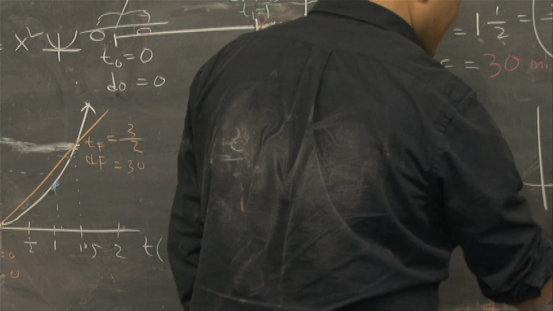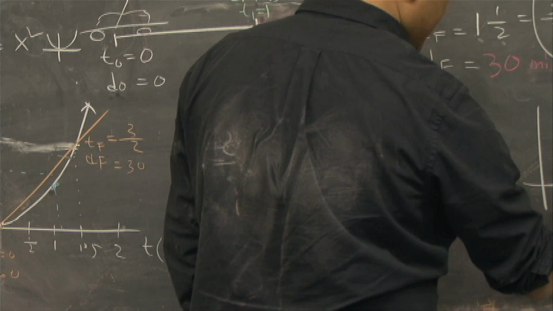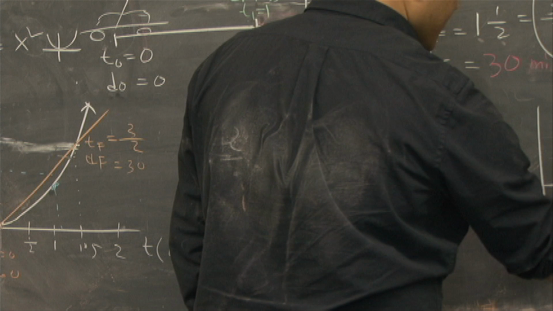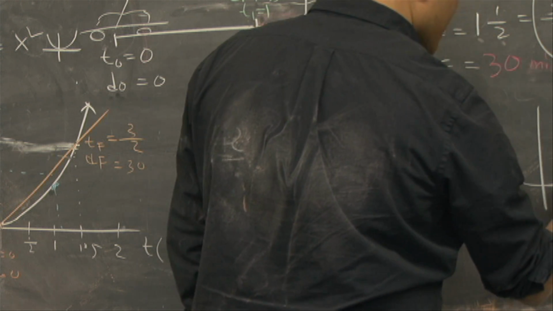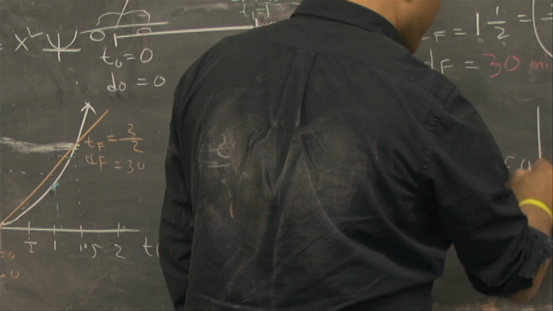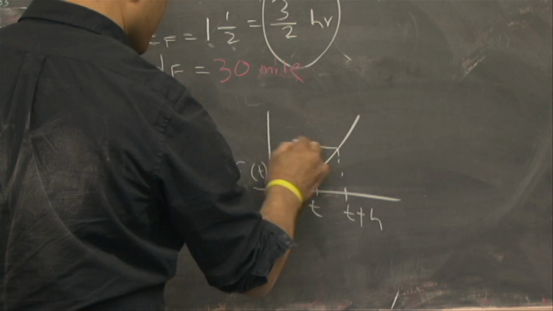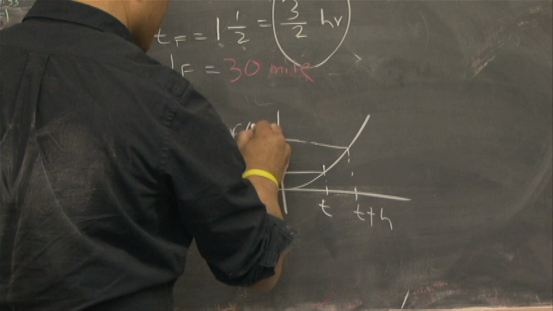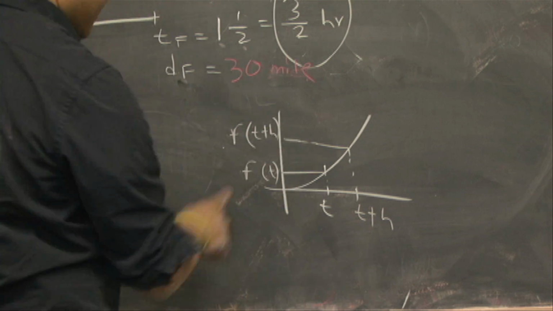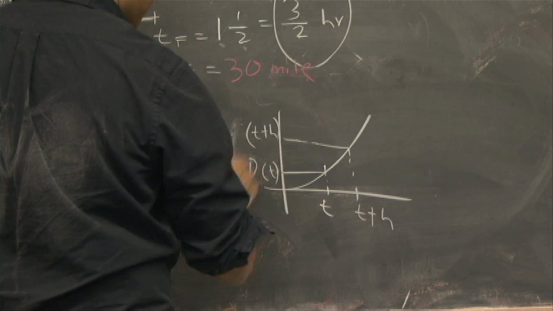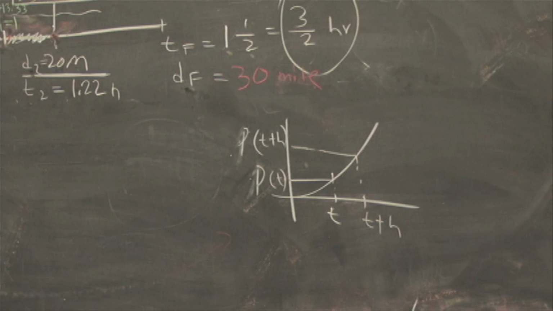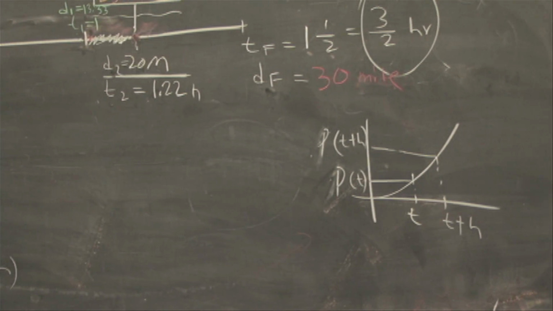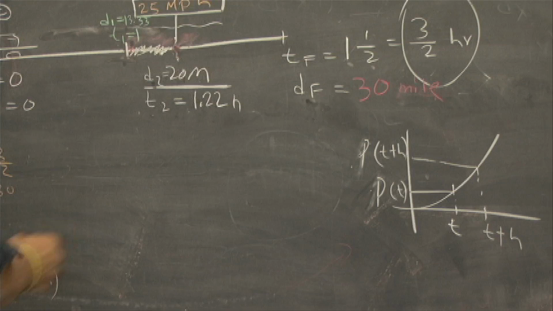This is our t, and this is our t plus h, this is our f of t, and this is our f of t plus h. We are using p, so let's use p. If you still have problems, you can watch the math review over. So let's do that.